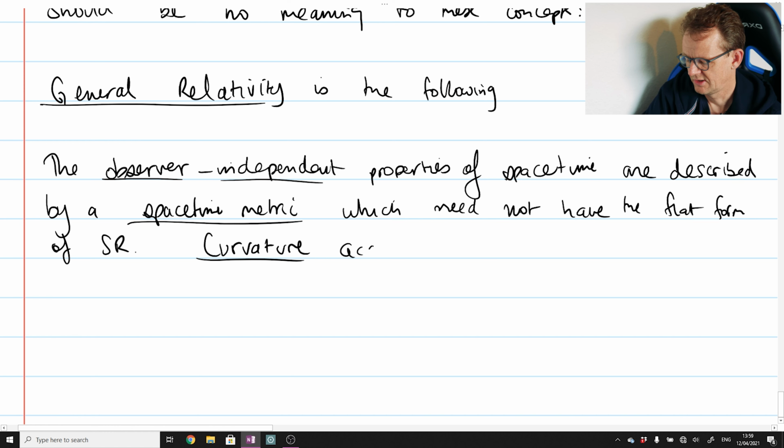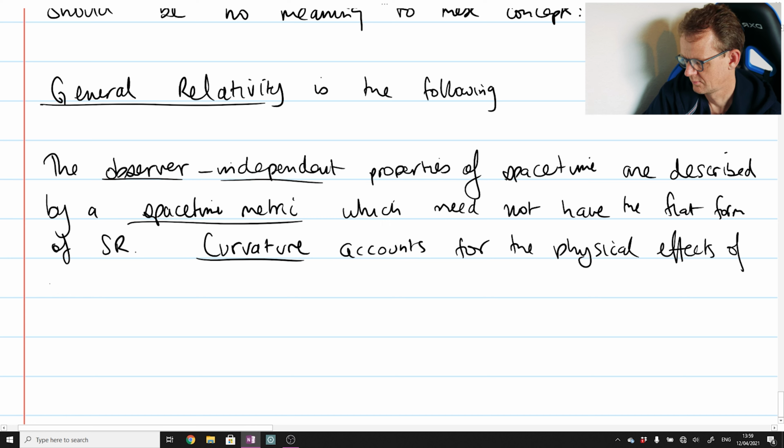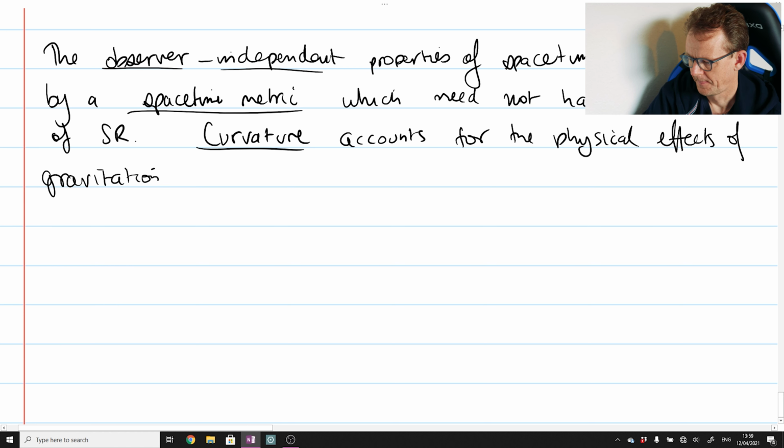Curvature is that property of the metric that accounts for the physical effects of gravitation.